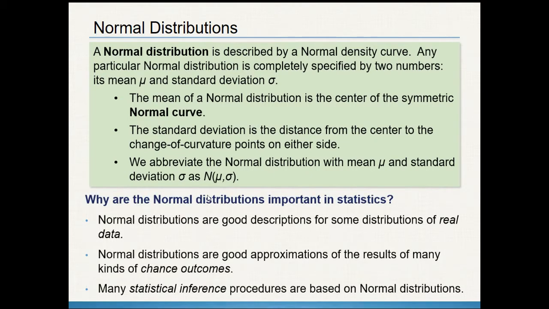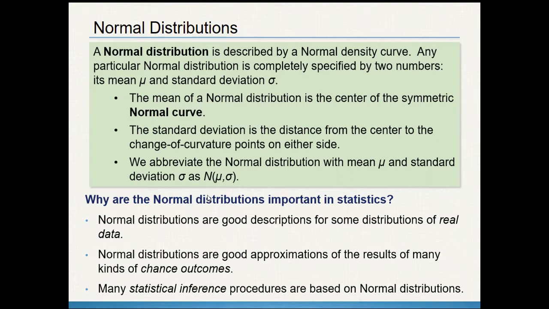All right. Why are normal distributions important in statistics? Normal distributions are good descriptions for some distributions of real data. They're also good approximations of the results of many kinds of chance outcomes. And many statistical inference procedures are based on normal distributions.